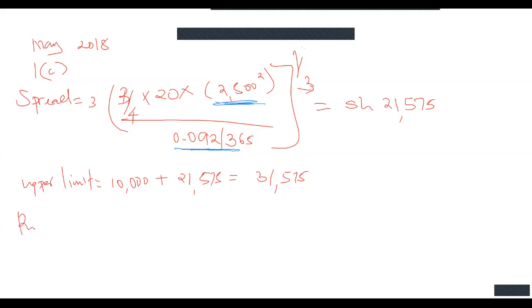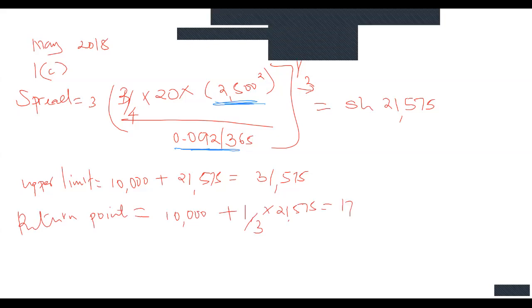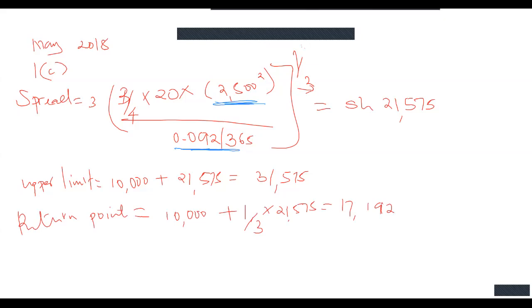The return point, or the optimal cash balance, the target cash balance, is the lower limit, 10,000, plus a third of the spread, and the spread is 21,575. To give us 17,192. And therefore that is the return point, or the target cash balance.